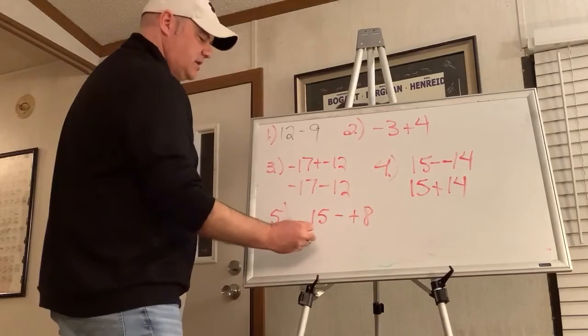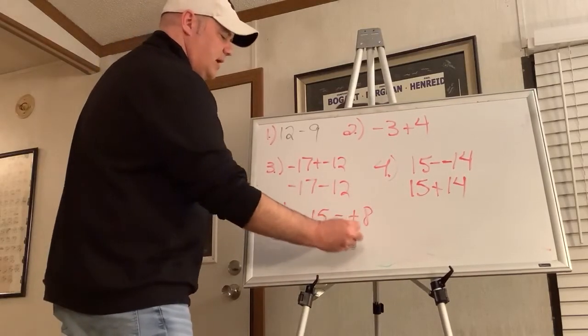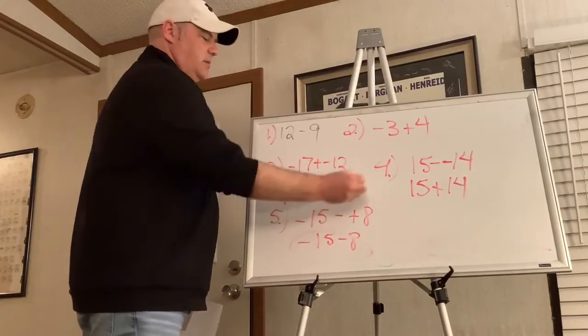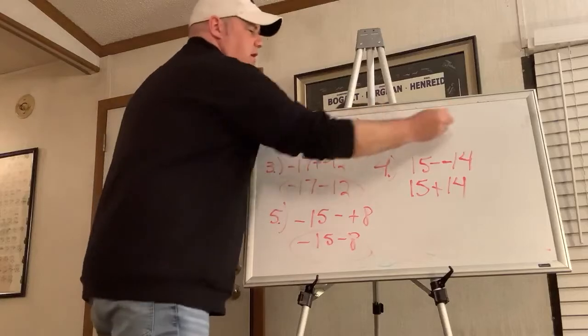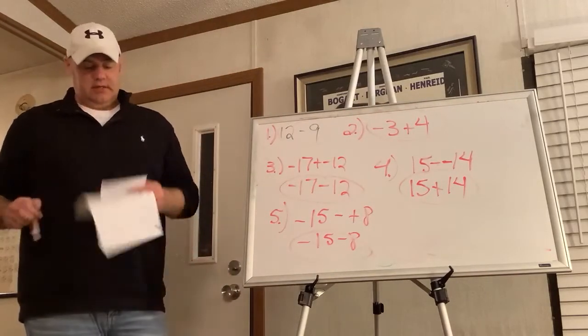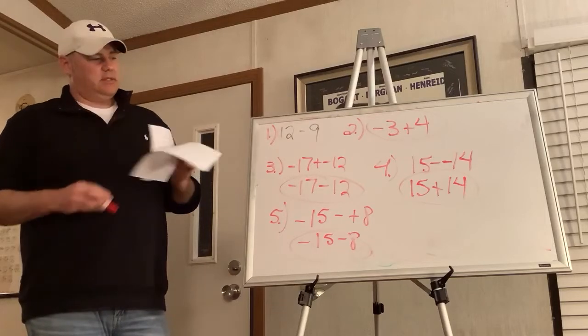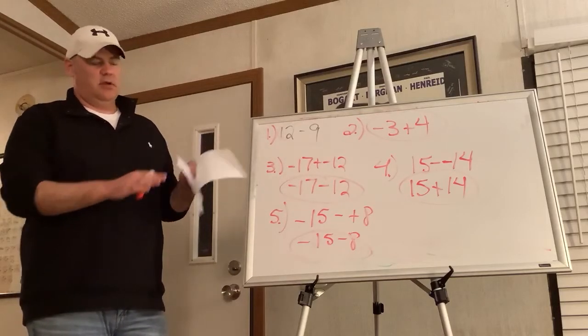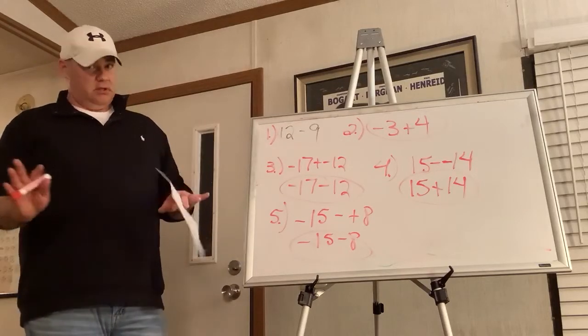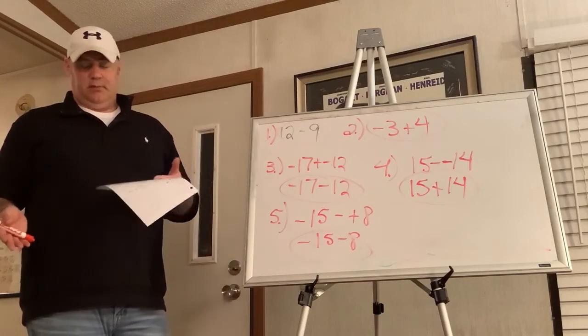You change the double sign, you get negative 15 minus 8. So here's your answers to those problems. Make sure you're checking those. We are going to come back and actually find the value of these at the end of this video, so keep them where you can get back to them. But basically that's what those should have come out as, just doing the first step, just getting rid of double signs.